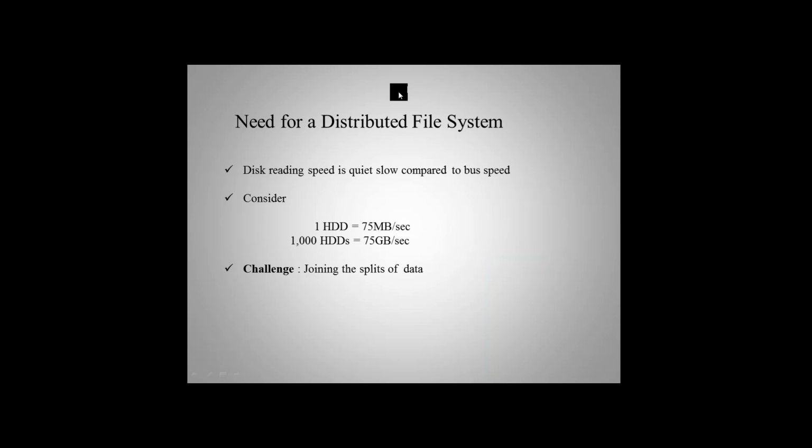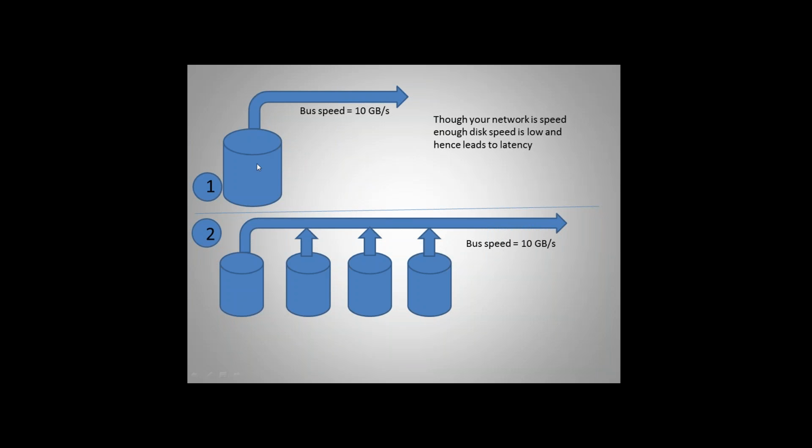So let's say you're having data sets. Just say that you gave me 100 GB of data set. I stored the entire 100 GB on a single disk. The moment you asked me to retrieve the data of 100 GB, I connected the 100 GB disk to a bus of 10 GB per second.